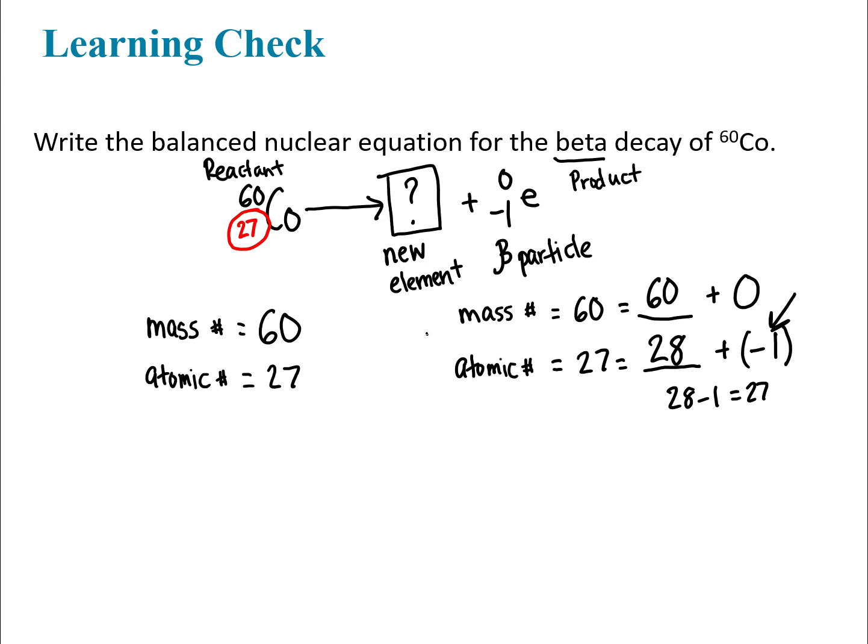You have to use the atomic number. So your new atomic number for your new element is 28. And someone already put it in the comment. Our new element has to be nickel.